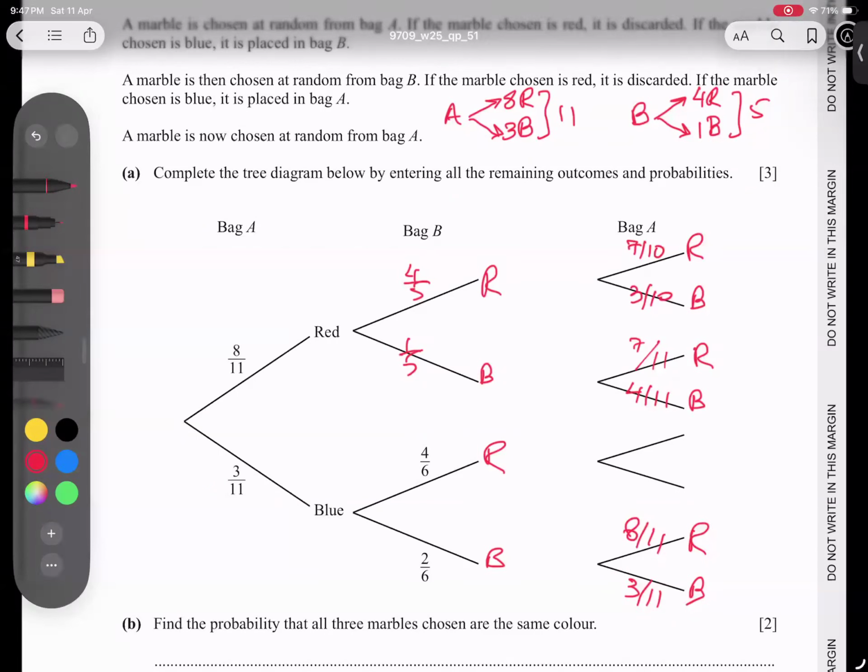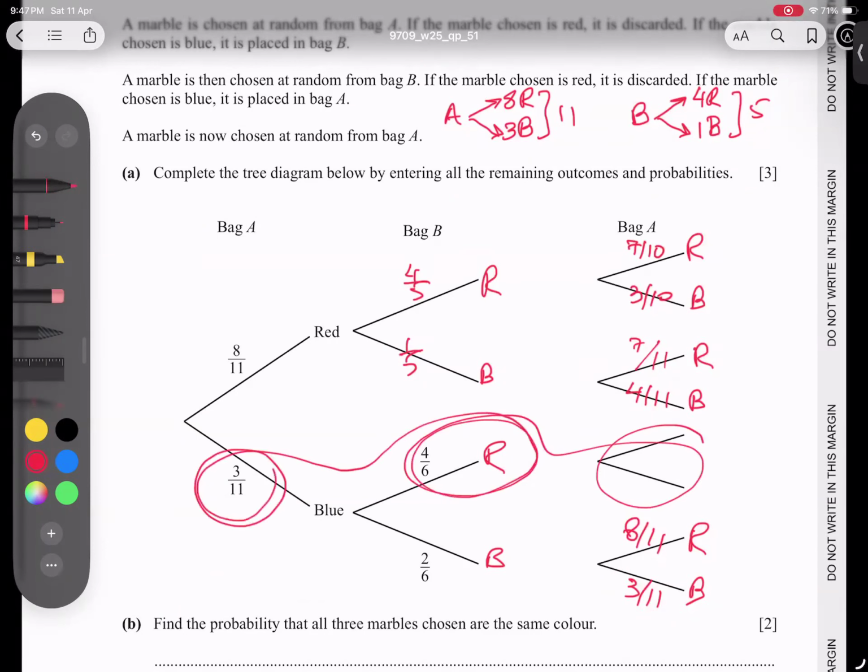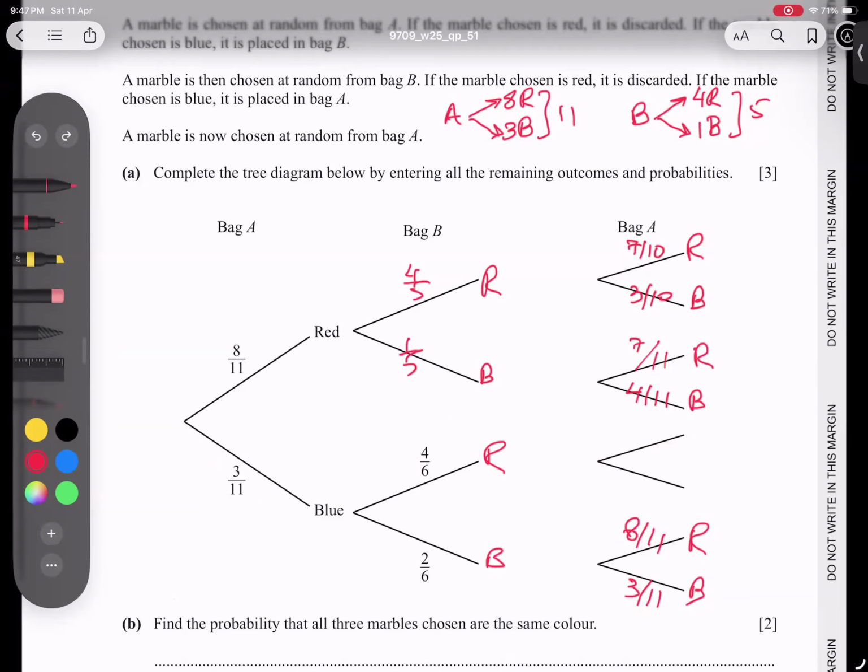Now let's discuss this one. But again, we should not concentrate only here, we should focus on this as well. We have taken blue already from bag A, keep that in mind, but now we are taking red from bag B, discarding. As we discard, here it is by 10, here by 10.